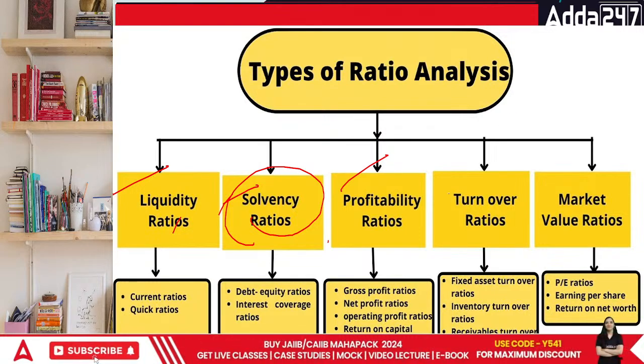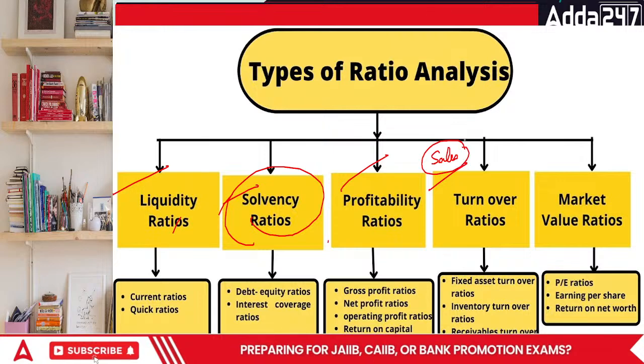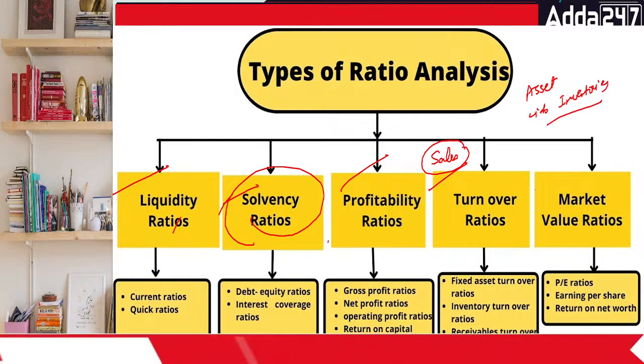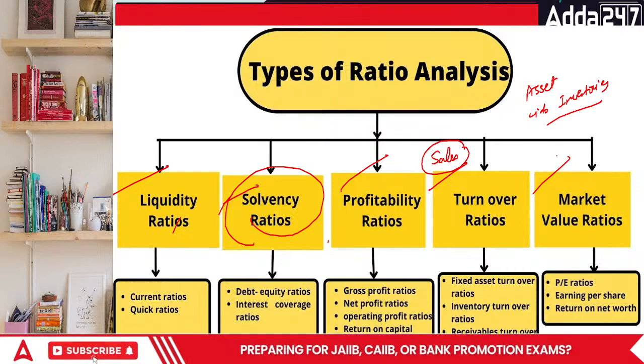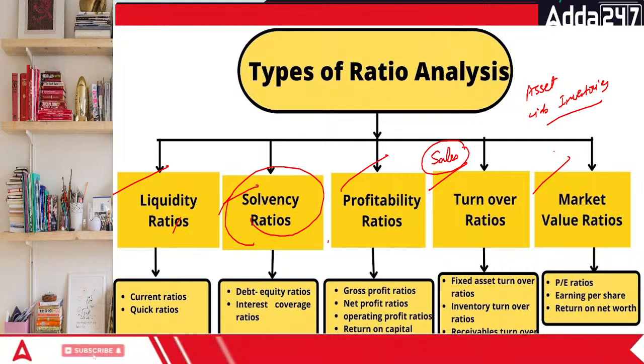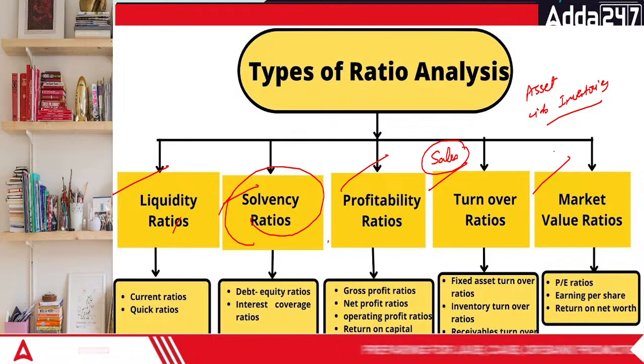Then the next part is turnover ratios. Turnover ratios are the ratios which consider sales in terms of assets, liabilities, inventories, or whatever the relationship would be. And last is market value ratios. Market value ratios are the ratios where we talk about the market value of the organization, whether they are earning well or not, whether they are going good or not.